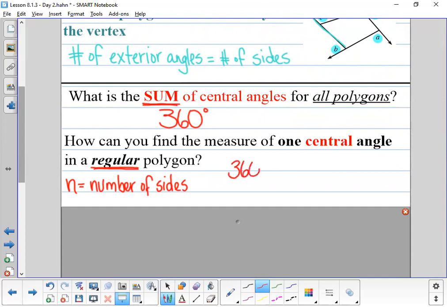So I can take 360 degrees, because they all add up to 360 degrees, and all of them are equal, and there are n of them, the same number as the number of sides. So to find one central angle, I can do 360 degrees divided by n, the number of sides. This is only true for regular polygons.